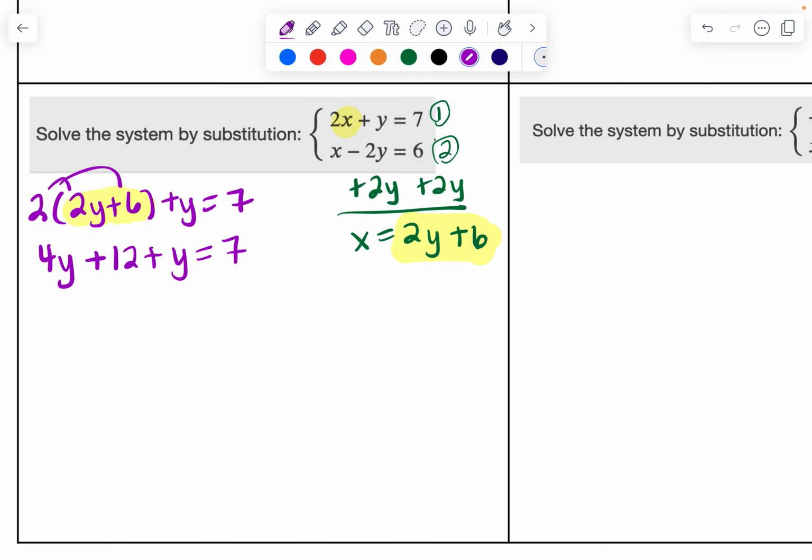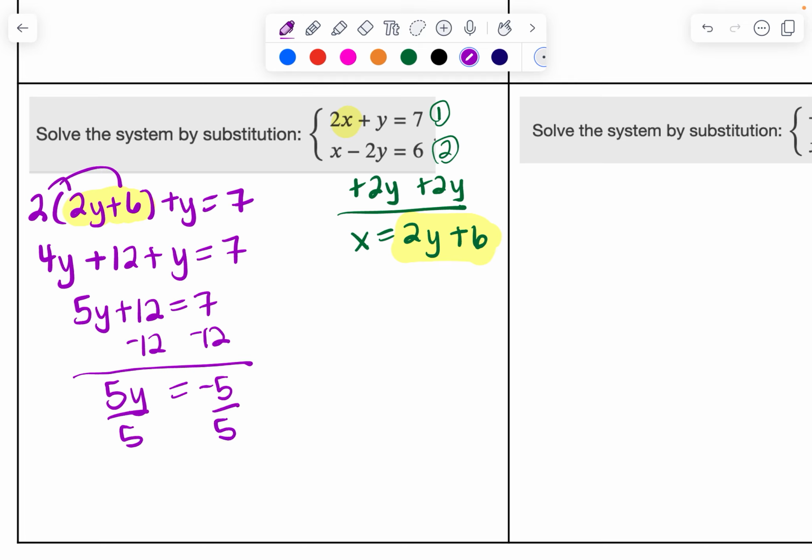Again, notice in step 2, which is written in purple, now I only have one variable. I only have the y's. 4y and y is 5y. Plus 12 is 7. Taking 12 from both sides. 5y is negative 5. And dividing by 5, we get y is negative 1.